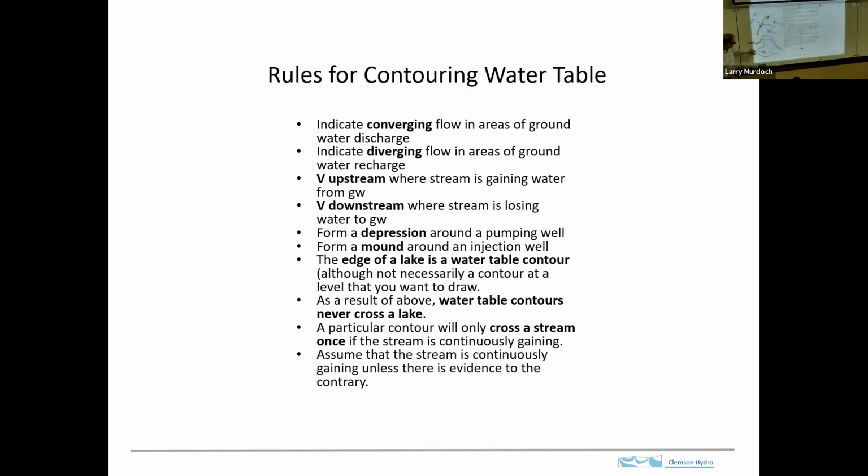Okay, so lakes will function as a contour. There's a homework problem from the book, so don't draw the contours crossing the lake for that homework problem in the book. Also I'll give you some handouts where that's the case.